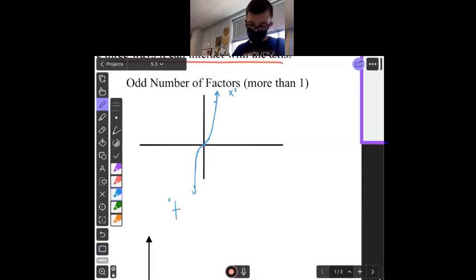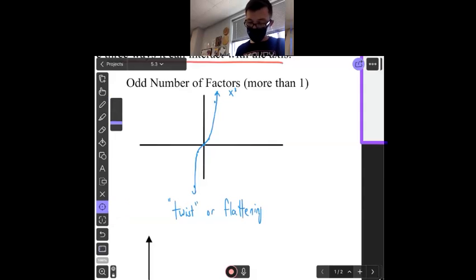You might also hear it called a flattening. What we're describing is what happens near the x-intercept. So the graph gets twisted or flattened near the x-intercept, and then it shoots off again. It's not flat here by any means. It's getting flatter, kind of squished there a little bit.